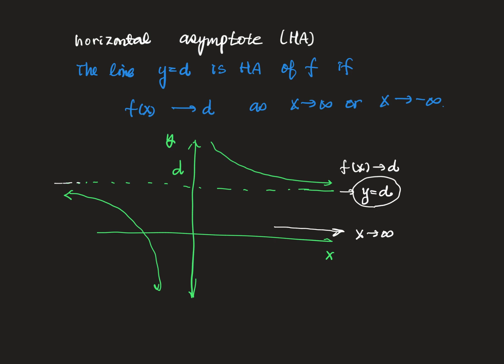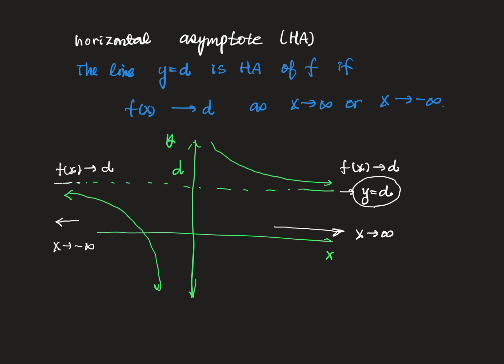X is getting bigger, and the y value is getting close to that value. Another way: x goes in the opposite direction, to negative infinity, and f of x gets close to d. Also, this is a horizontal asymptote line. So if one of these behaviors happens, we say that's the horizontal asymptote line.